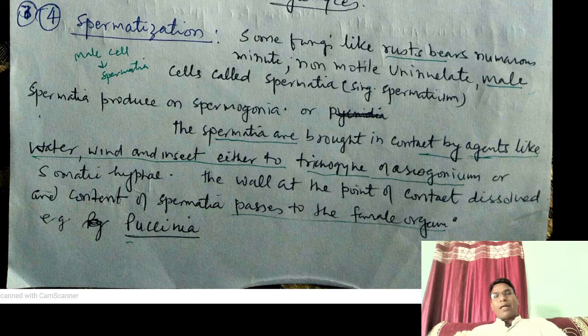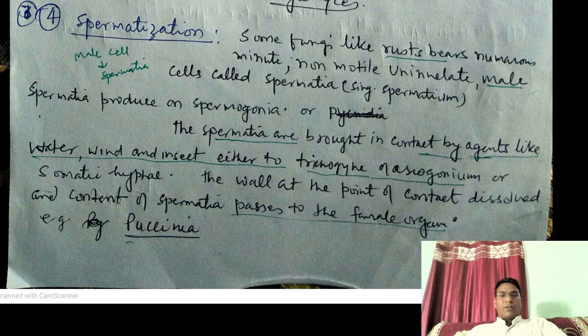The spermatia are brought in contact by agents like water, wind, and insects, either to the trichogyne of the ascogonium or to a somatic hypha. The wall at the point of contact is dissolved and the contents of the spermatia pass to the female organ. An example is Puccinia.